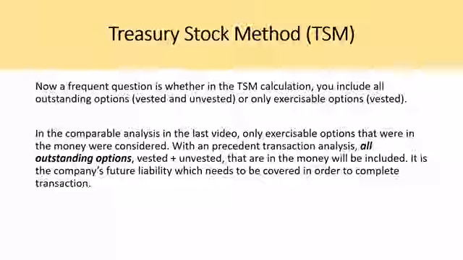But when a company is being acquired, the life of that entity will end once the transaction is completed. So the banker assumes that all of those options are to be vested now in order to complete the transaction, right? So all of those options are now included, even the ones that are unvested. And that's really important because it has a much more dilutive effect on fully diluted shares outstanding.